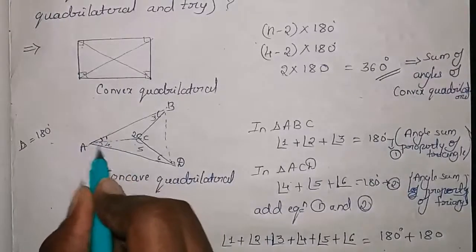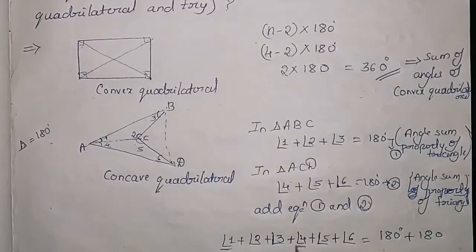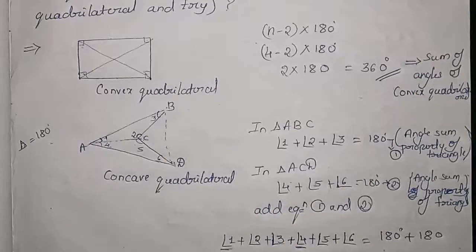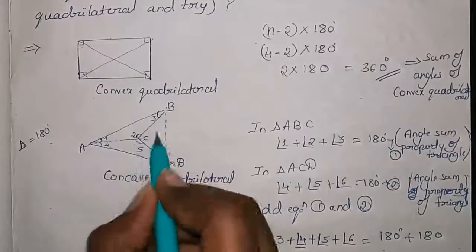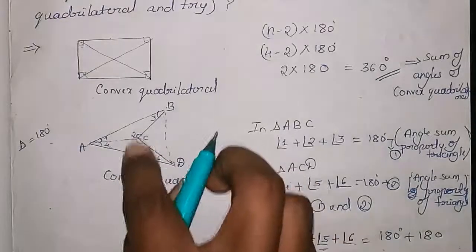Angle A is formed with angle 1 and angle 4. That means angle 1 and angle 4 can be written as angle A. Then angle 2 and angle 5 can be written as angle C.